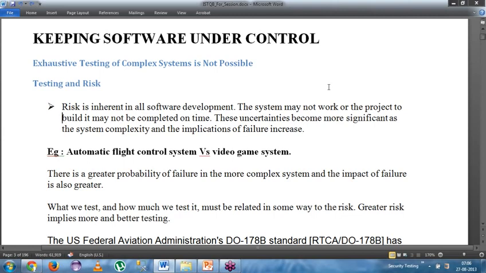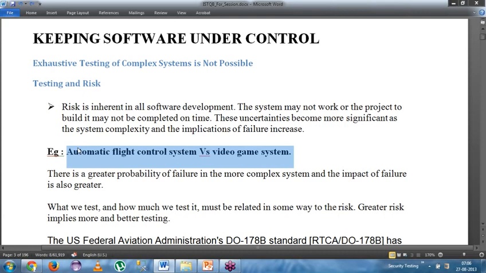Fine. So let's talk about this particular example, friends. This is really a good thing. For example, you have an automatic flight control system or a video gaming system. Now we will try to see which one is more complex, which is more vulnerable, and in which particular scenario the stakes are high, the risk is high. So we need to understand the context here.